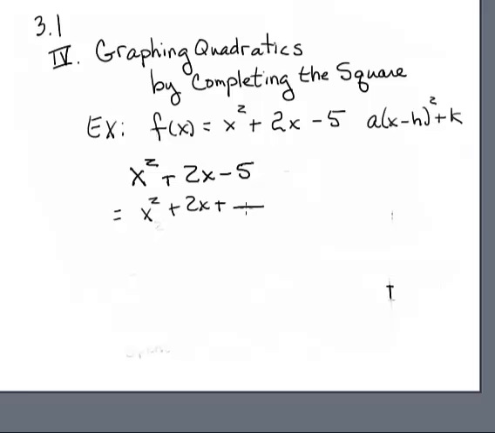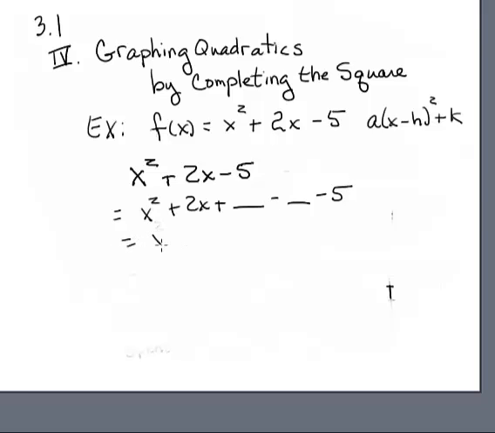That perfect number is going to make this into a perfect binomial, which means I will have x minus a number squared. If I add that number in, I also have to take away that number because I don't have two sides of an equation. I only have an expression, minus 5.